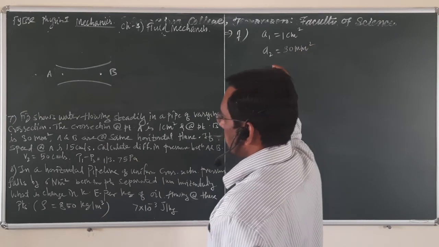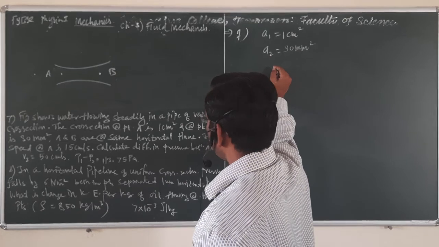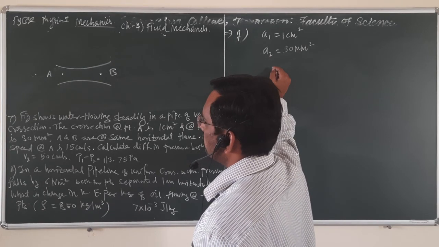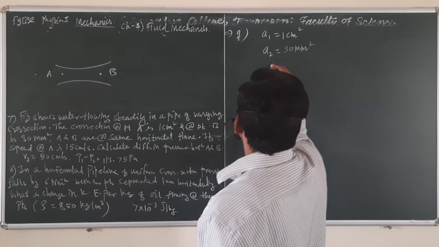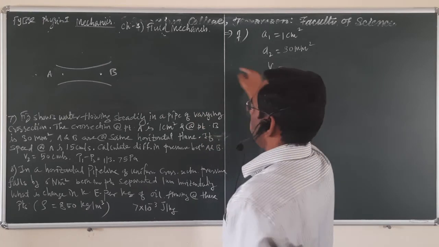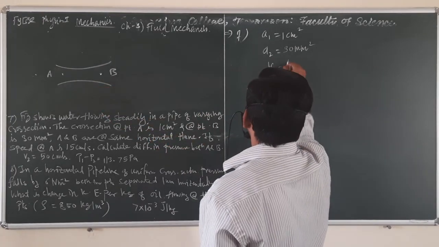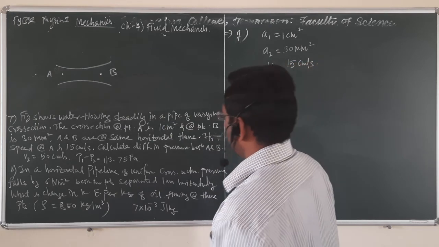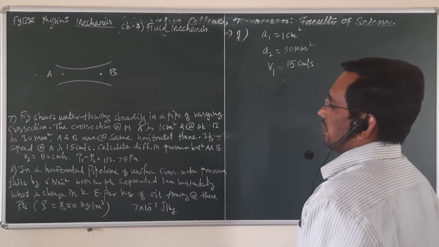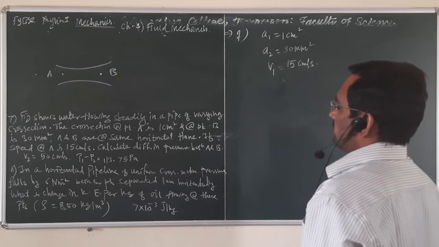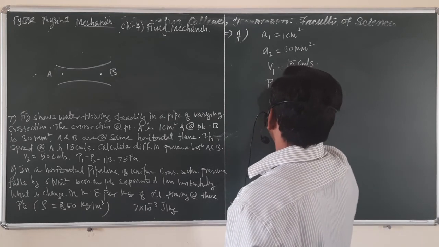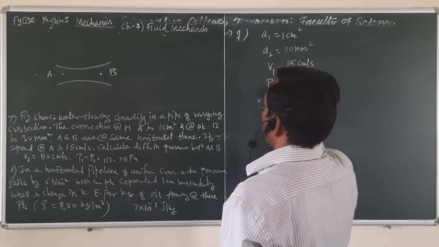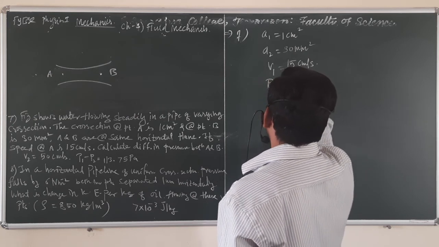Next, what is given? Same height. If speed at A is 15 centimeter per second, means V1, which is the speed of water at point A, is 15 centimeter per second, then we have to calculate the difference in pressure between A and B, means pressure at point A, which is P1, and pressure at point B, which is P2, that we have to find out.